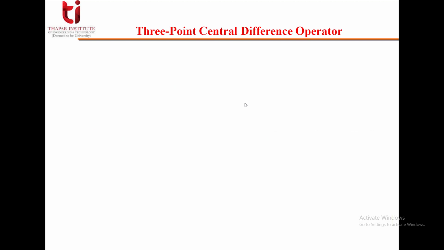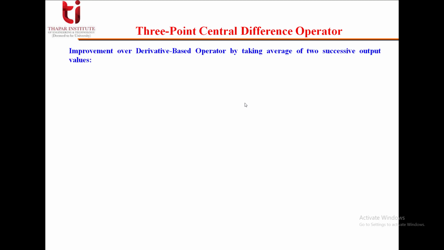Now let's have another operator, that is the 3-point central difference operator. We can improve over the derivative based operator by taking the average of two successive output values.